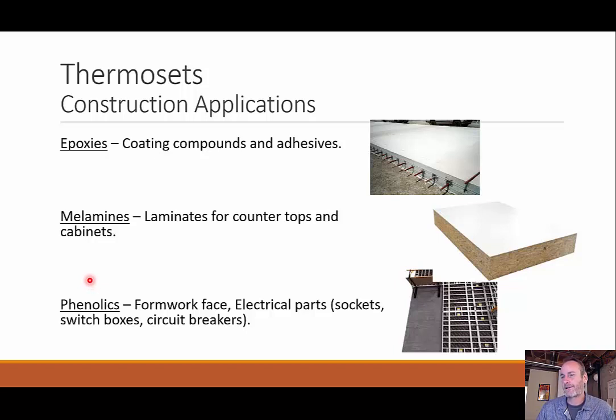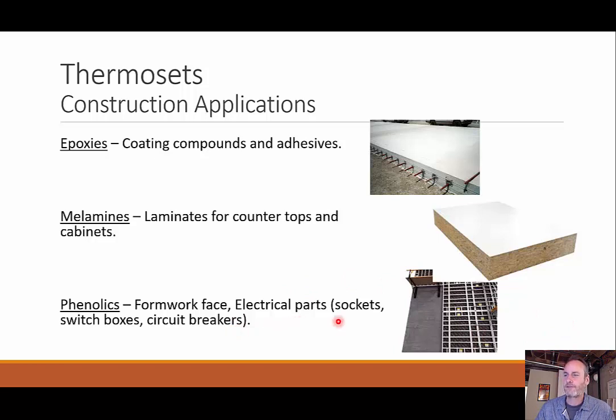I had to look this one up, to be honest with you, and one of the main uses was for formwork, and I come from the formwork industry. Basically, if you have it on the face of the formwork, it makes a smoother surface, so it'll release from the concrete easier. When we were talking about concrete, we talked about coating the formwork with a release agent. Well, if it's a smoother surface, it releases a little easier.